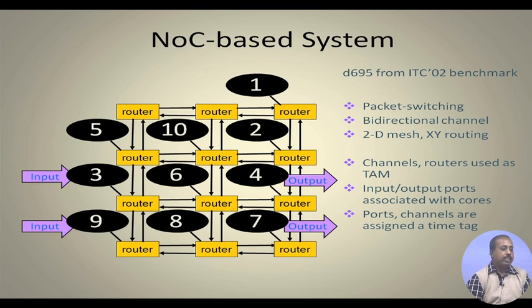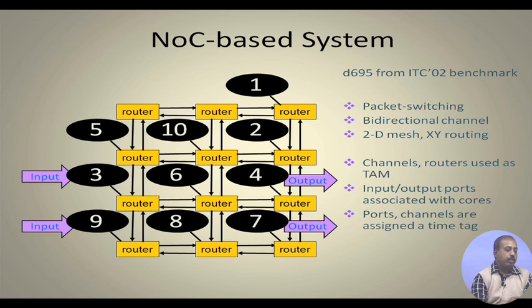Then every channel is bidirectional. Wherever we have a connection from left to right, there is a connection from right to left. It is a 2-dimensional mesh, and the routing algorithm followed is XY routing. XY routing means first the communication will go in the X direction, then it will go in the Y direction.